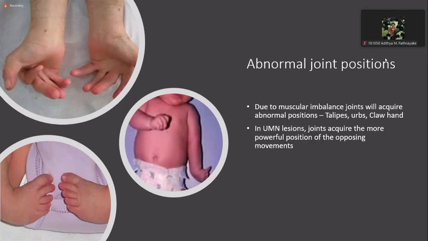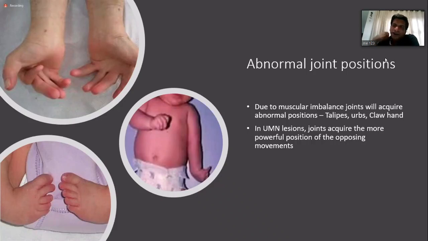That's why when a patient with an upper motor neuron problem, such as cerebral palsy, is lifted up by the axilla, the limbs take a scissor position, with one leg crossing the other and the hips flexed as well. That's because adductors are more powerful than the abductors.